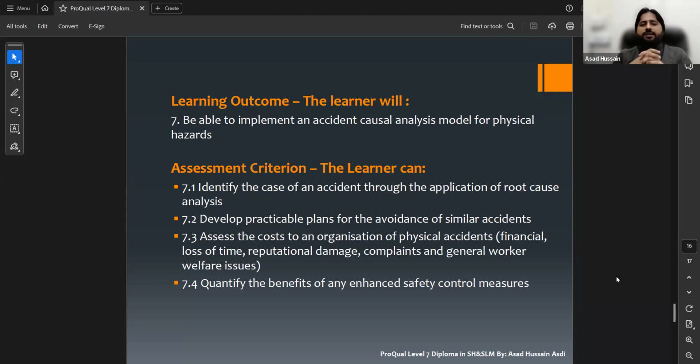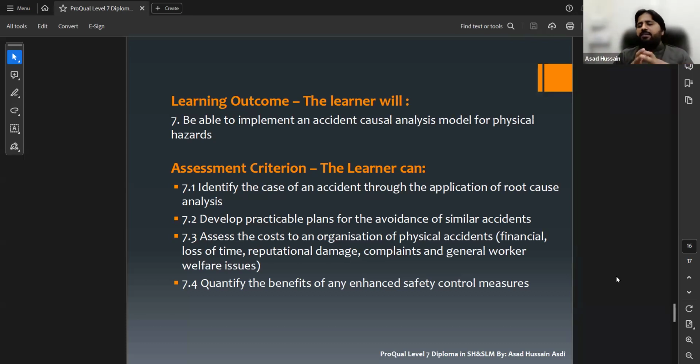Then we have 7.3, assess the cost to an organization of physical accidents, financial loss of time, reputational damage, complaints, and general worker welfare issues. So basically, you should have the ability to assess the cost to an organization of a physical accident.